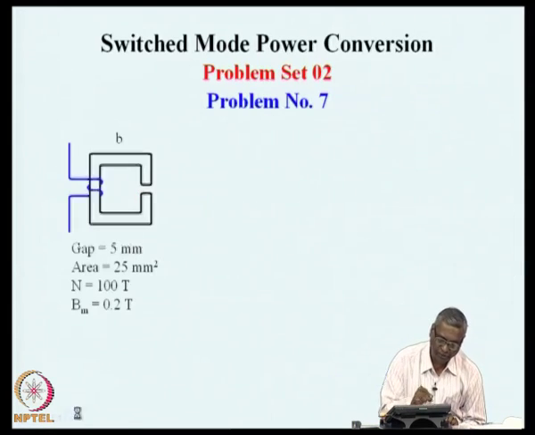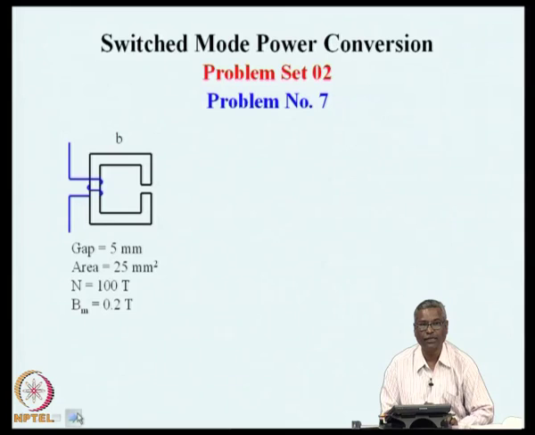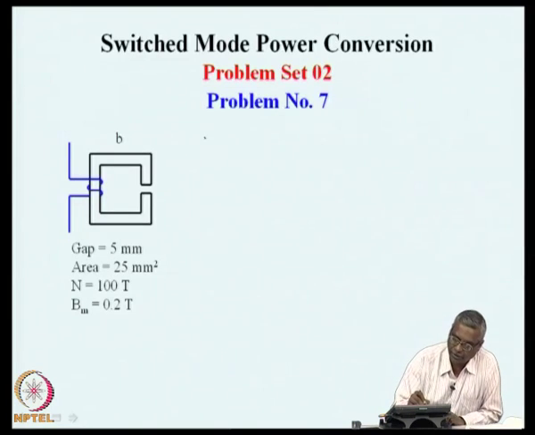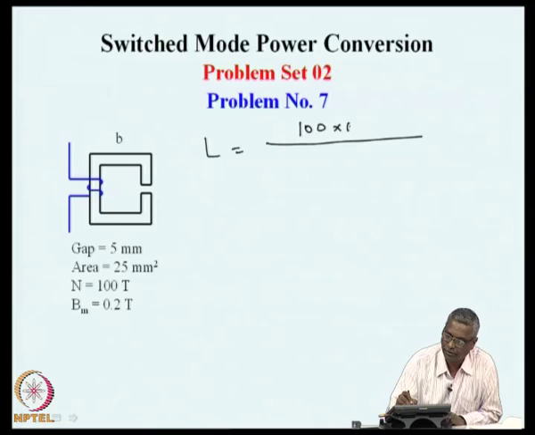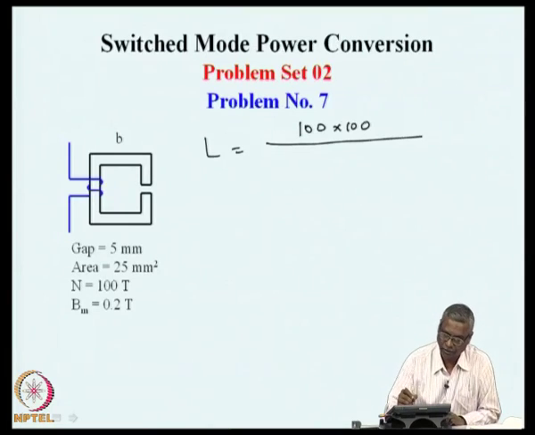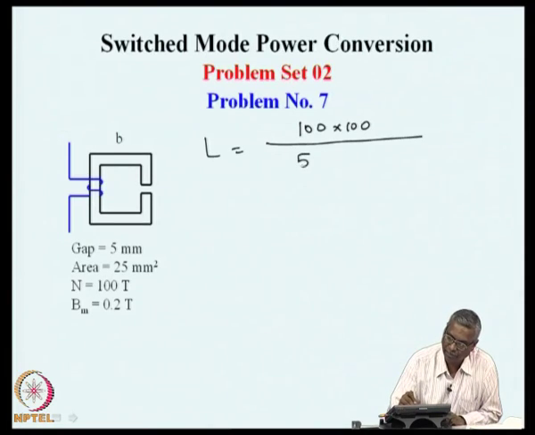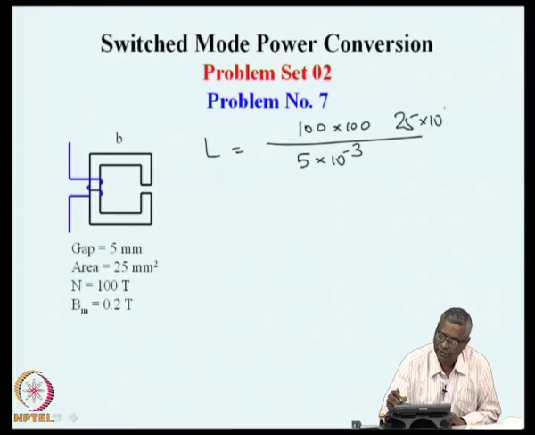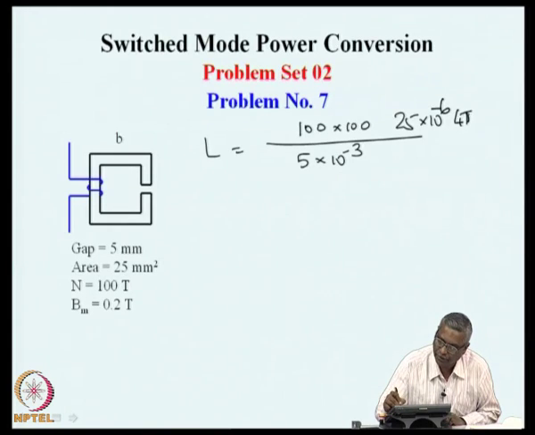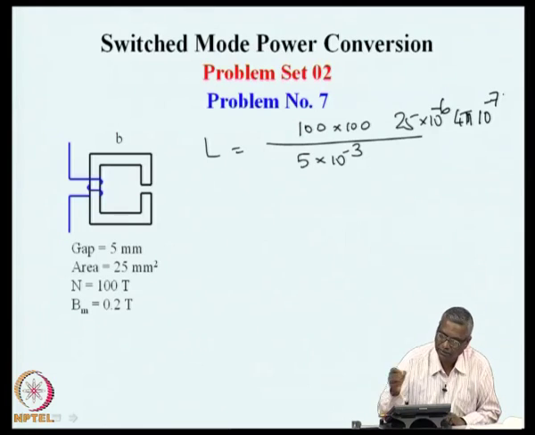The same idea can be extended for the bigger core. The inductance in this case, with the same 100 turns and area of cross section, is number of turns square divided by reluctance, which is 5 millimeter into 10 power minus 3, that is in meters, and then area is 25 into 10 power minus 6 and 4 pi 10 power minus 7.